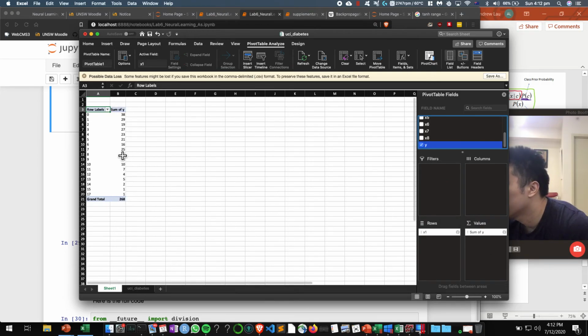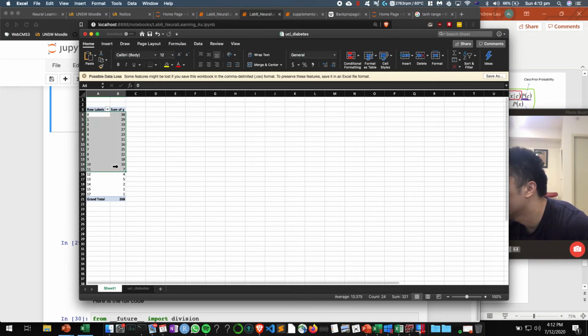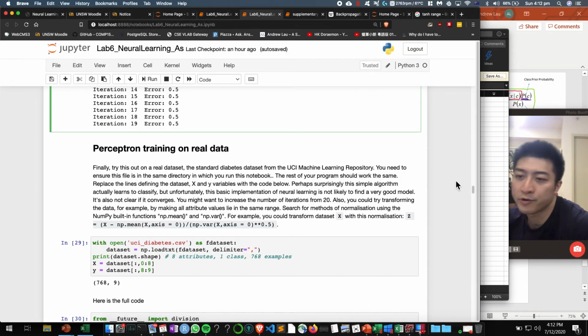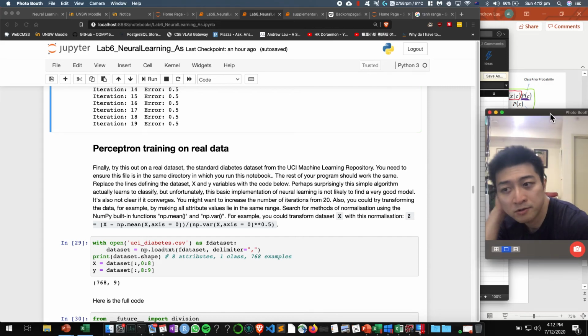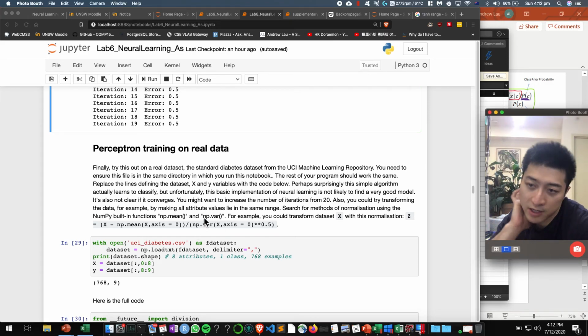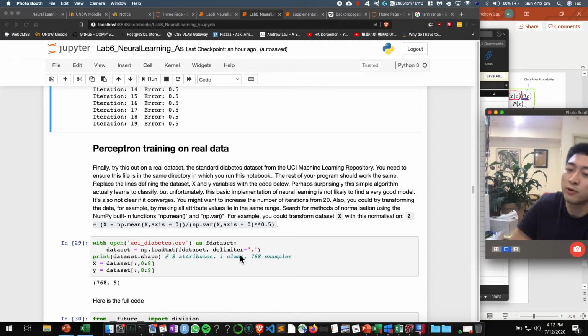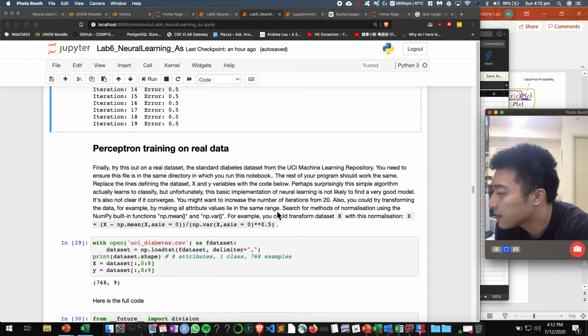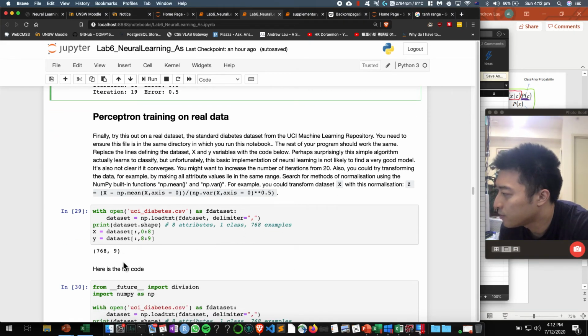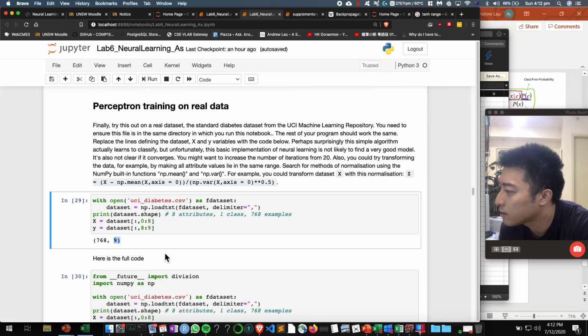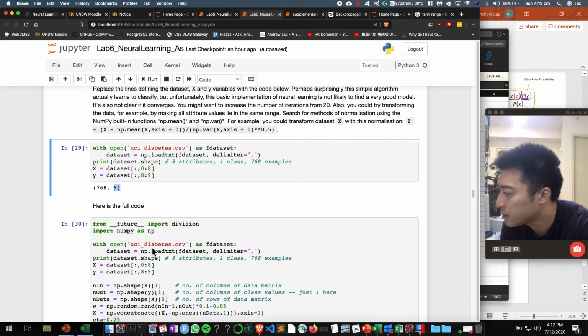Do I see anything? Yeah, the target seems to be a lot higher in these lower ones. Anyways, that's exploratory data analysis. You should probably do it in pandas. As you've seen in the previous lectures, you can do some correlation heat maps, scatter plot matrices, and some plotting to get a feel of your data. But anyways, there's almost 800 data points, and there are 9 columns: 8 features and 1 target.